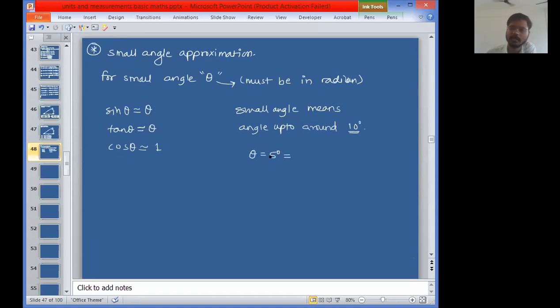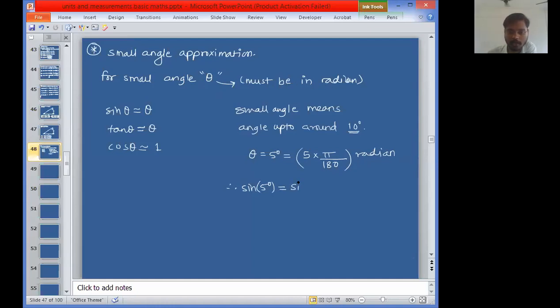Let us convert this angle from degree into radian. Very simple sir, 5 as it is. To convert any angle which is in degree into radian, you simply have to multiply it by pi by 180. Therefore sine of 5 degree, but sir the rule says angle theta must be in radian.